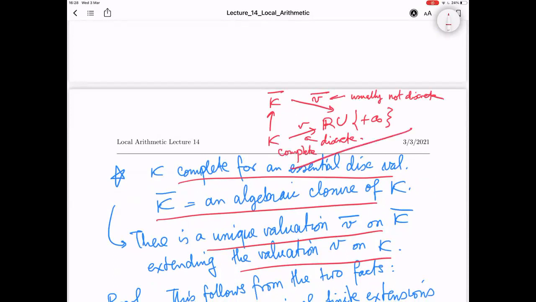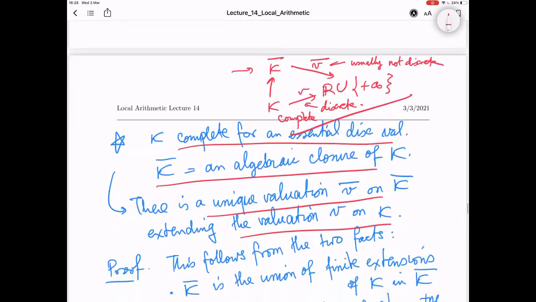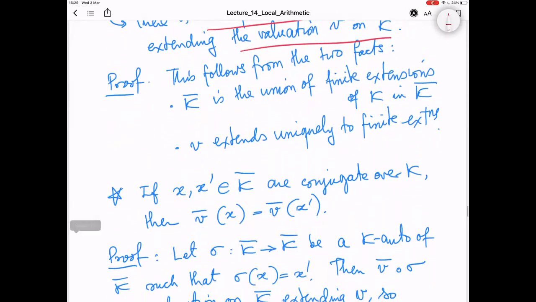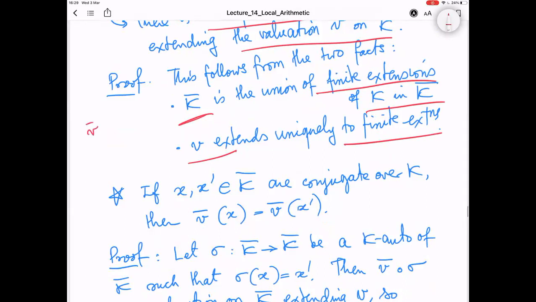These are the hypotheses, and this is the conclusion that there's a unique valuation V bar extending V. Now this follows from the fact that K bar is actually the union of finite extensions of K in K bar. And V extends to every finite extension uniquely. So there is no problem. They all give rise to a valuation V bar on K bar.